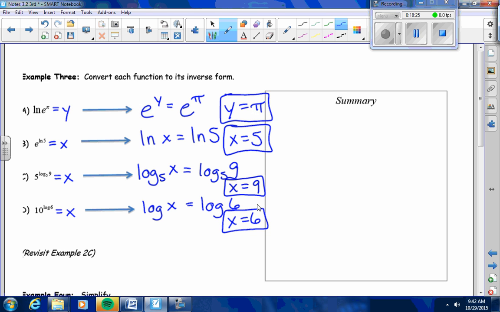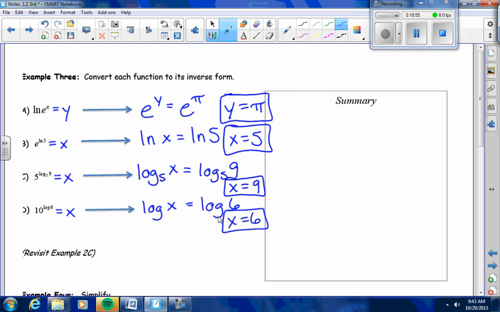Now look at each of those. Look at what we started with, and look and see what our answer was. Natural log of e to the pi, and our answer was pi. E to the natural log of 5, what was our answer? 5. The next one, 5 raised to the log base 5 of 9, what was our answer? 10 raised to the log base 10 of 6, what was our answer?